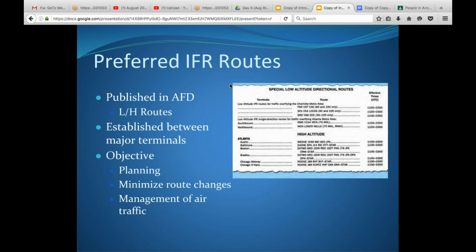And so air traffic control, and we'll talk about these programs that they put in place, but a ground delay program is a perfect example because the pilot has a 15-minute window that they have to take off.